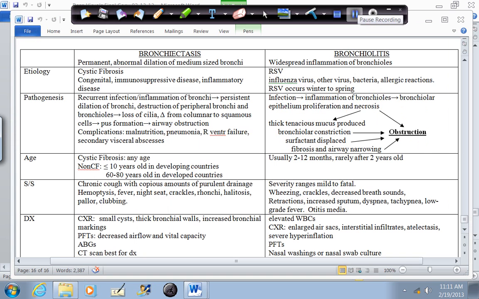And then remember, of course, that the epithelium is where secretions are made, and so there's this thick, tenacious mucus that is produced. There's bronchial constriction from chemical mediators. Surfactant gets displaced at the alveolus, and then because of the inflammation, there's fibrosis and airway narrowing on that level. Plus the products of necrosis are just causing obstruction. So all these things come together, and this person can get an obstruction.